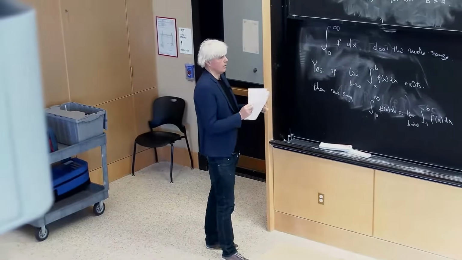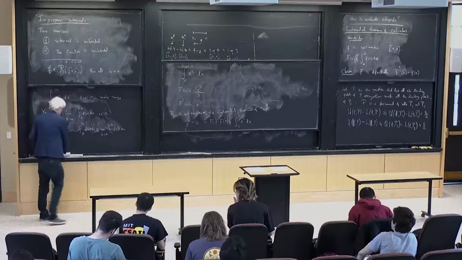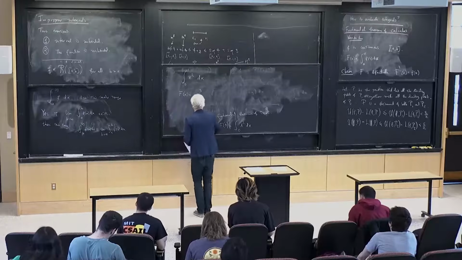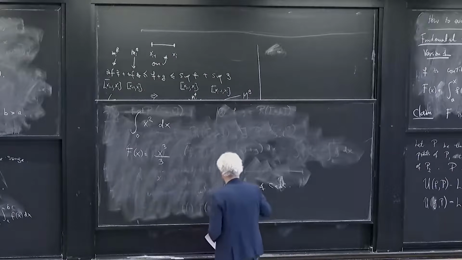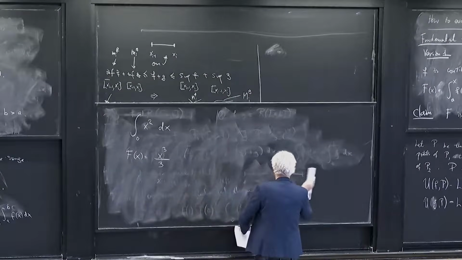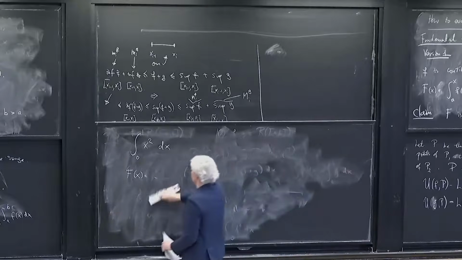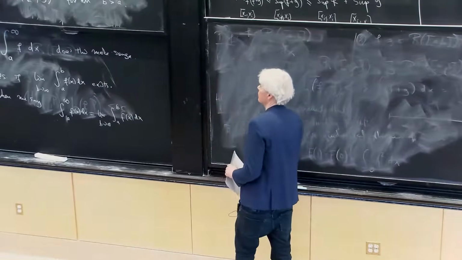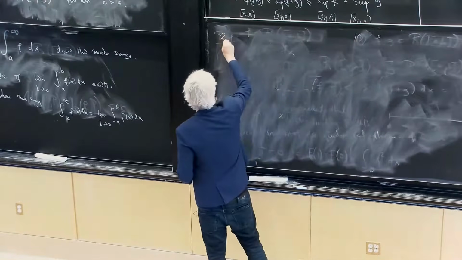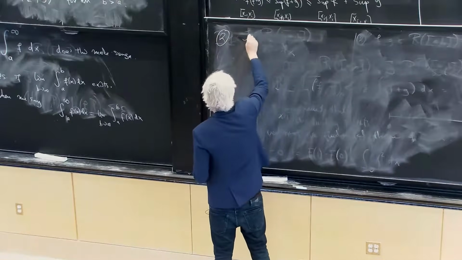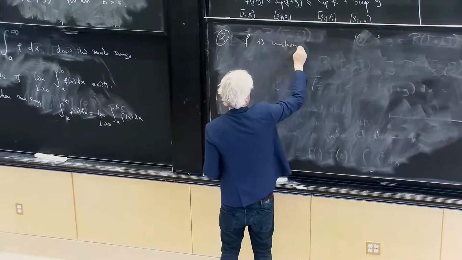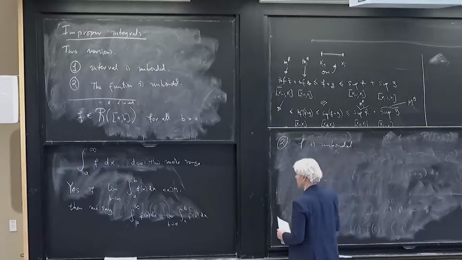So this is one version of the improper integrals, and the other version is the following. The second version is where f is unbounded. In a minute, I'll look at examples of both.